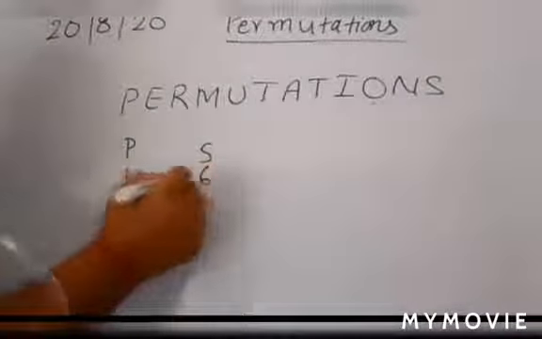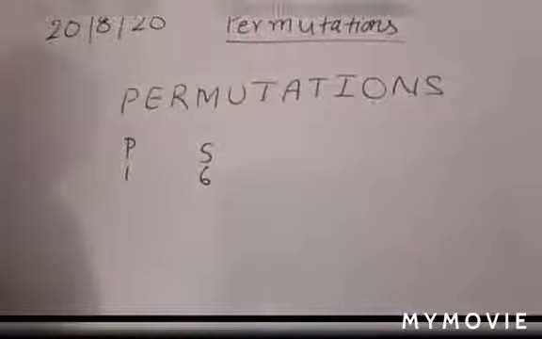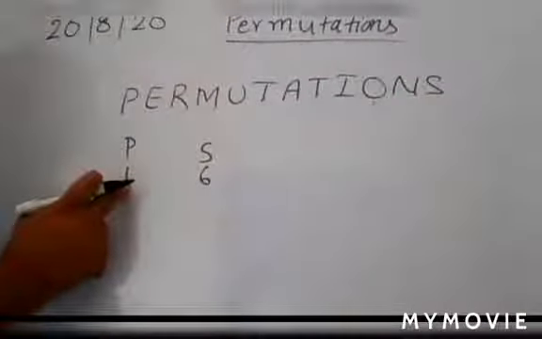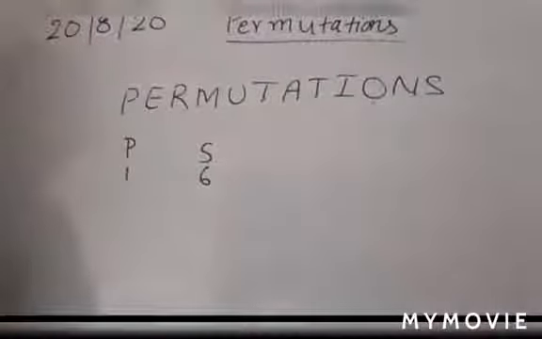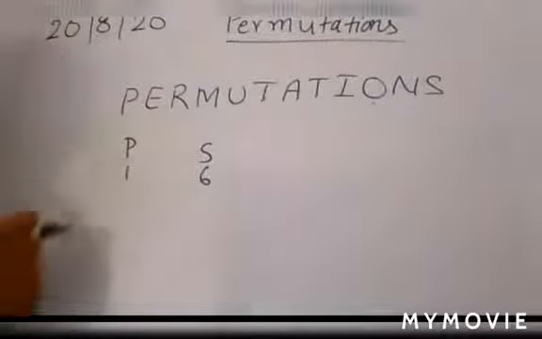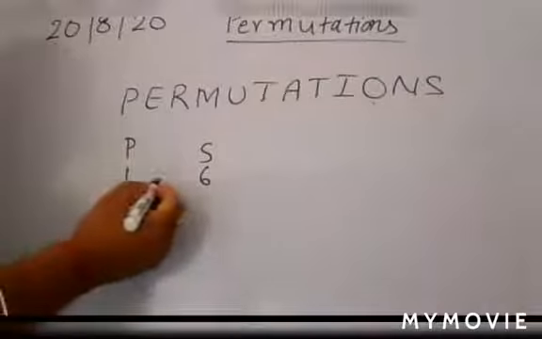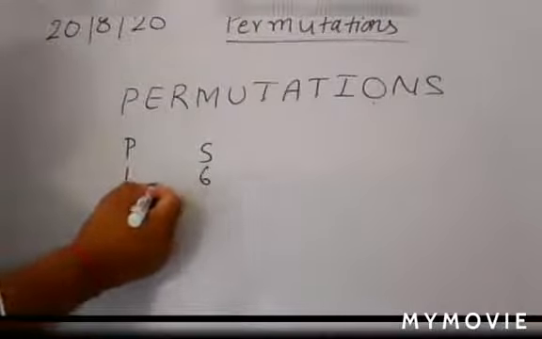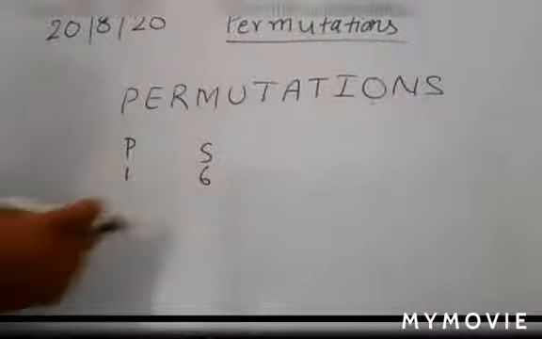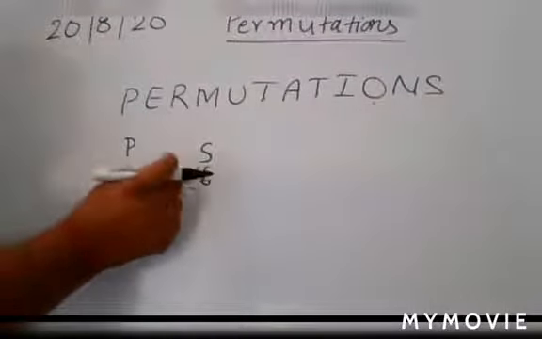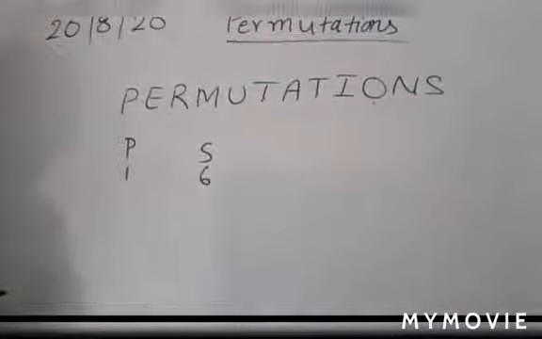So at the 6th position, you can write S. In this way, you can write 4 letters in between them.